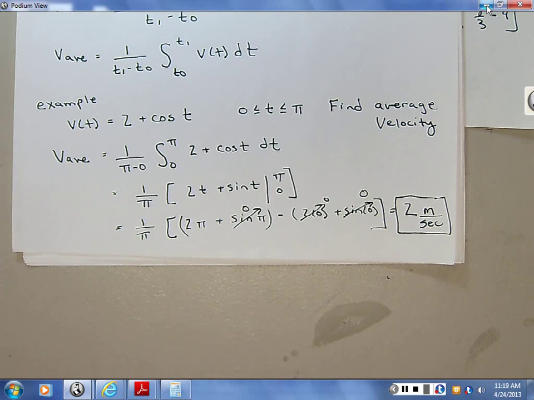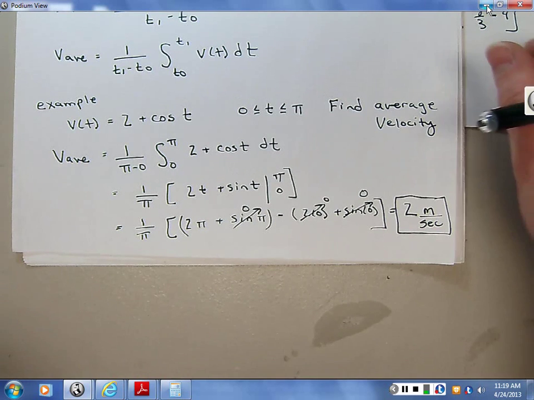Did you cancel out that pi? This pi, yeah, 2 pi divided by pi is 2. They cancel. So 2 pi over pi is just 2. So really, there's nothing new here except the concept that once you integrate this function, you divide by the length of the interval. That's going to give you the average value of the function.